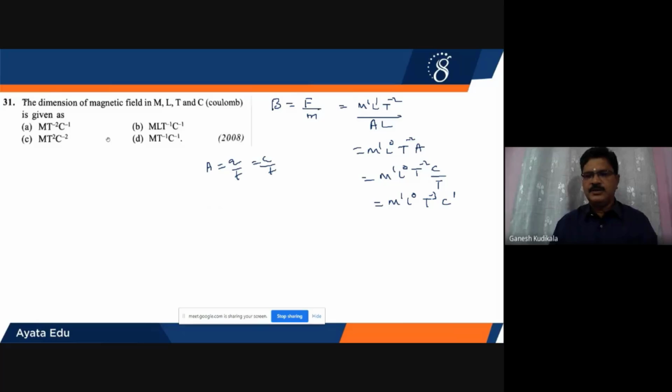This is A power minus 1. Here we have done a little bit of correction.